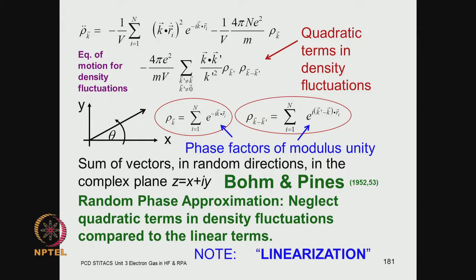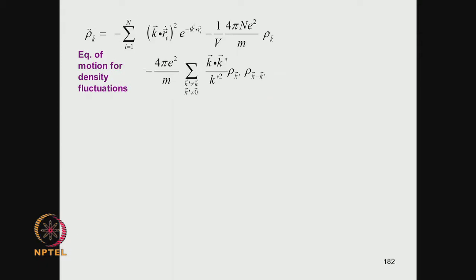So, they all give relations which are mathematically completely equivalent to each other, and they are all called the random phase approximation. But the origin of the term RPA comes from this model, and other than that it is only of historical importance.